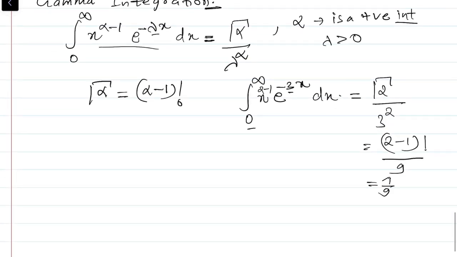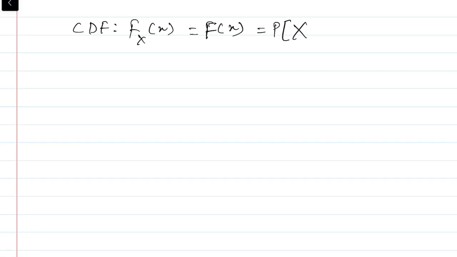Now let's move on to the CDF of a continuous random variable. We talked about PDF, so now let's talk about CDF of a continuous random variable. The notations are capital F(x), or we can use this symbol as well.